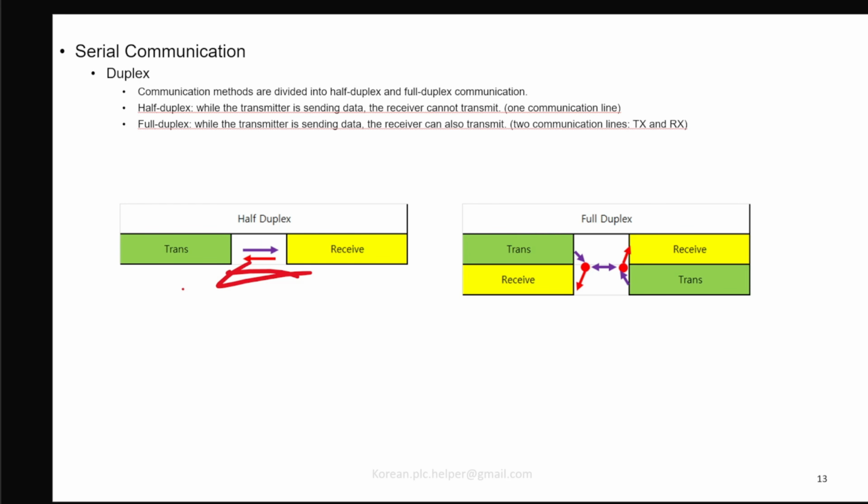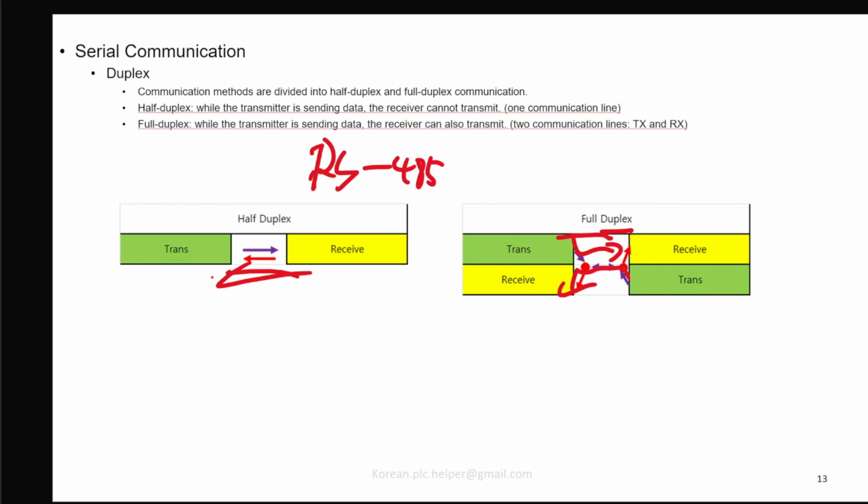A representative example is two-wire RS485 communication. In contrast, full duplex communication uses separate channels for transmission and reception. Therefore, while one device is transmitting data, the other can also transmit data at the same time.